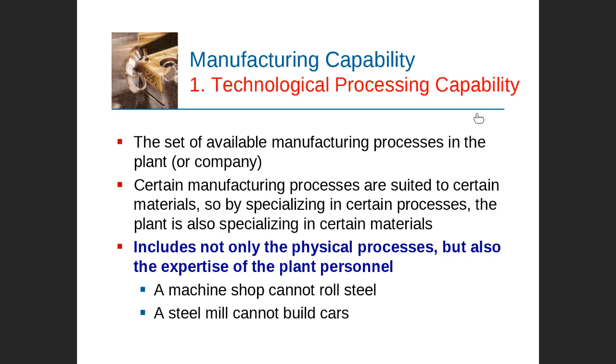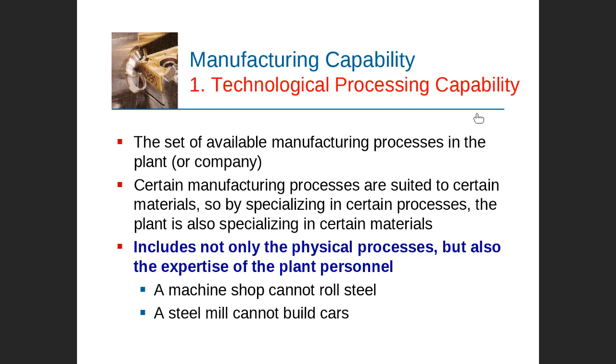The question is, if someone would like to manufacture something and goes to a company to ask it to manufacture, say you are a customer who works in marketing and you would like to order 100 tables to put on the market for people to buy. When you go to the company and ask them to manufacture 100 tables for you, the question is, does the company have the technological process capability or not?